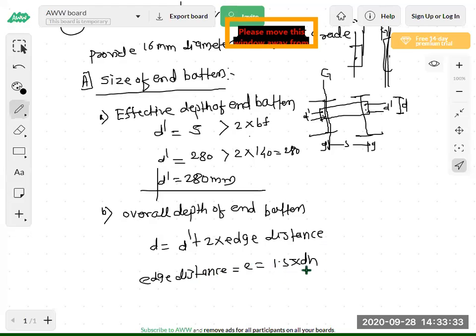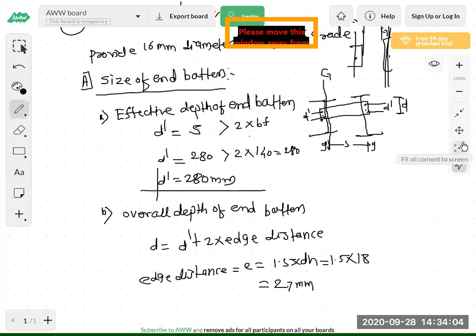What is the diameter? 16 mm. 16 plus we have to add 2, so 18 mm. So how much is e? 27 mm.